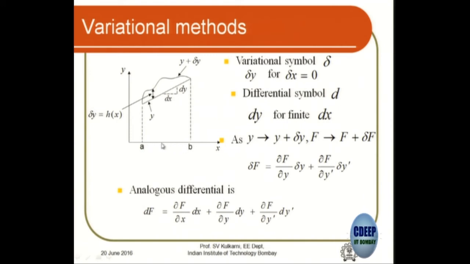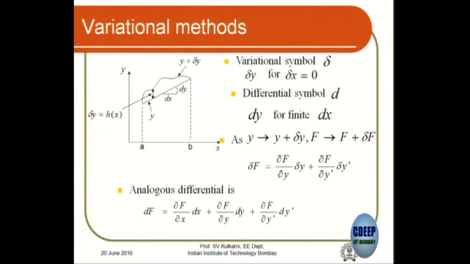And your problem definition is what? You have to find the potential distribution between points a and b such that the energy is minimized, because potentials will be distributed between these points a and b at every point such that the total energy content is minimized, right? So how do you do that?